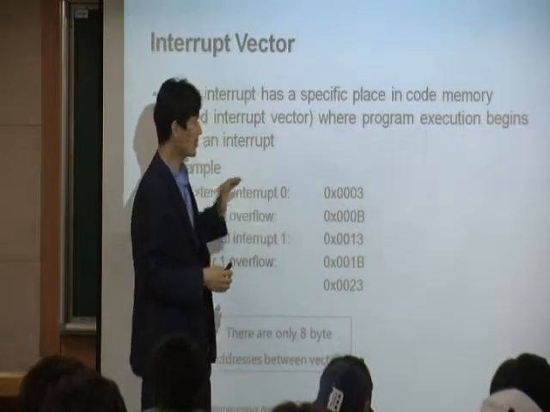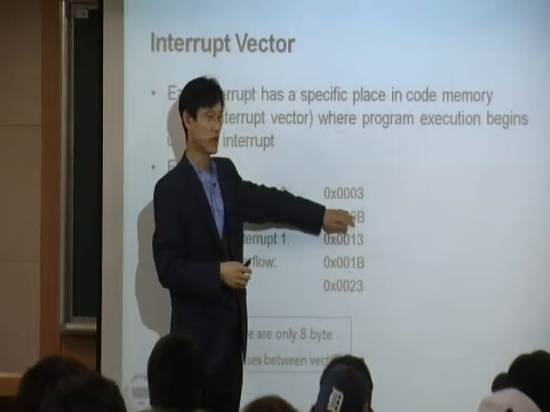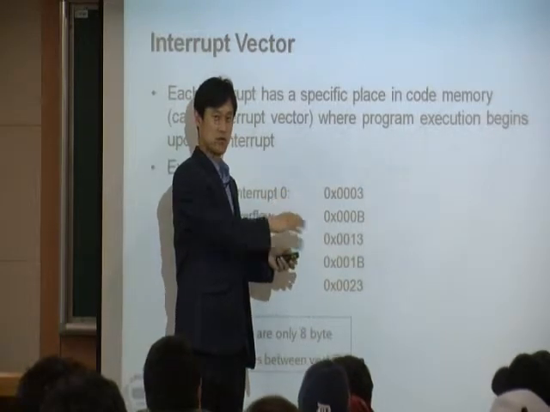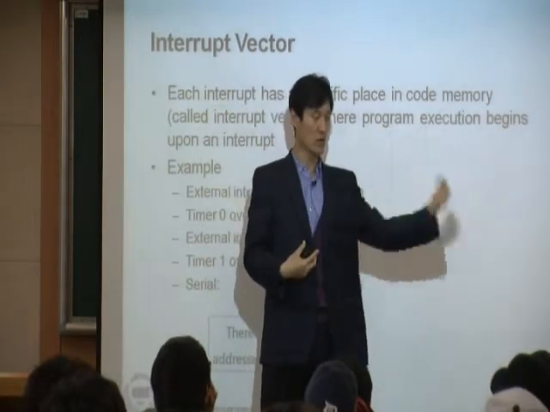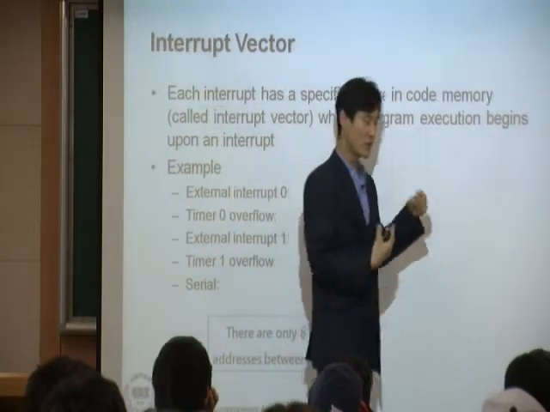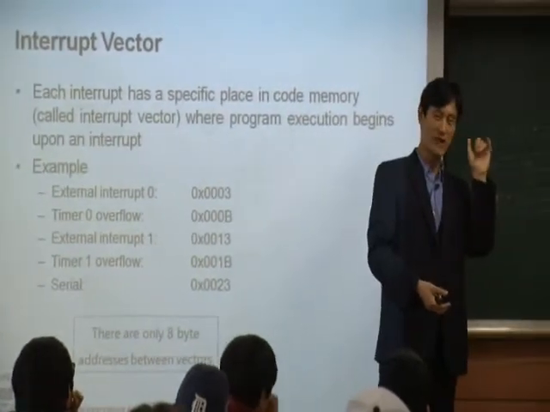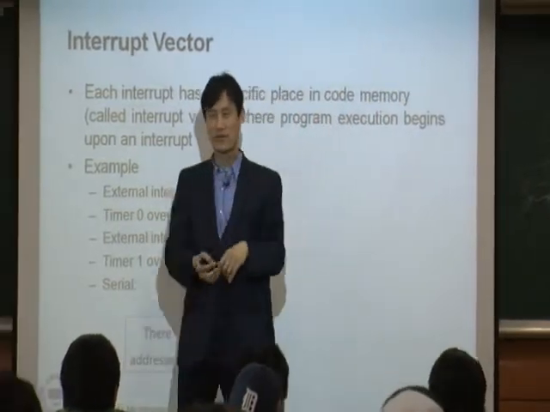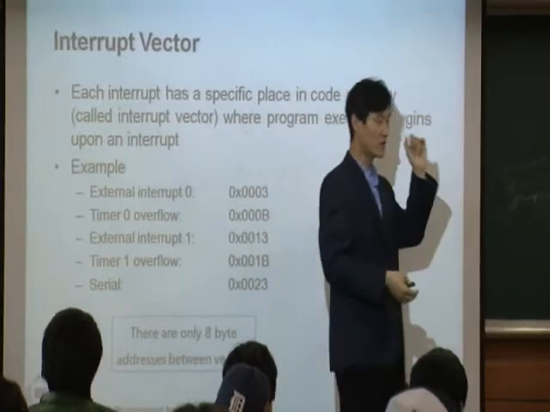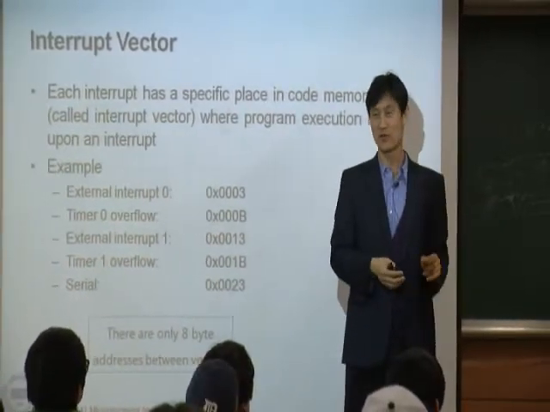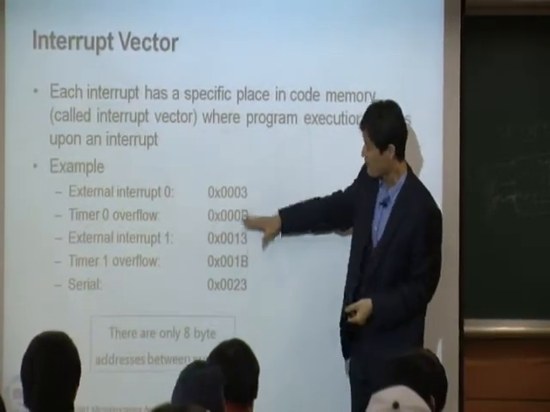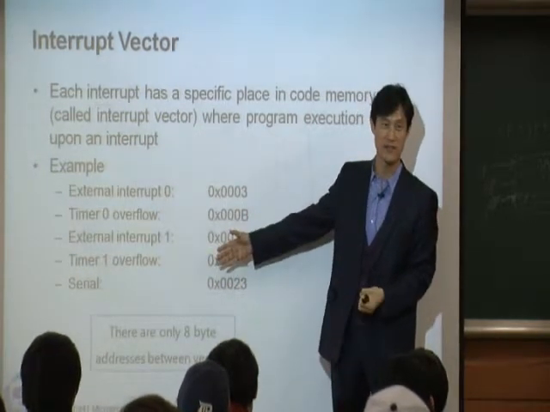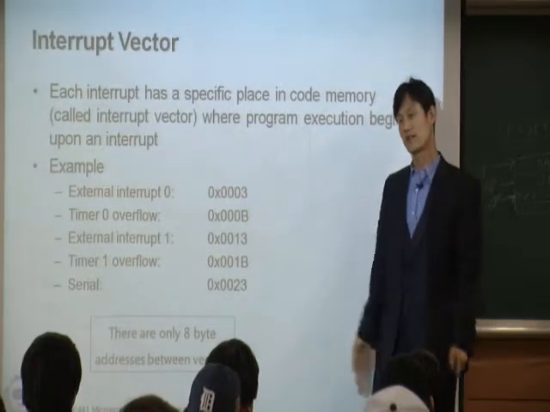Whenever we jump to the interrupt service routine, we want to do something inside it, right? For example, when you get a call from your friend, you want to pick up your phone and talk to your friend, maybe 10 minutes. You don't want to pick up the phone, say hello and hang up. You want to have your program. But these addresses are already reserved for something else. So what do you need to do then?